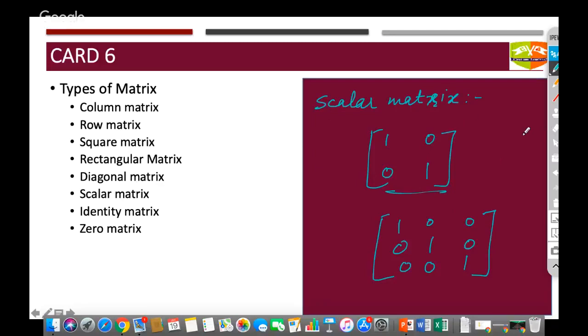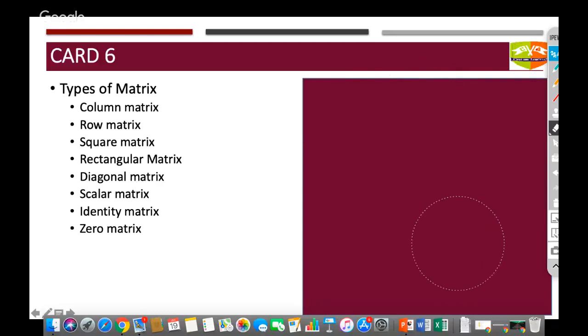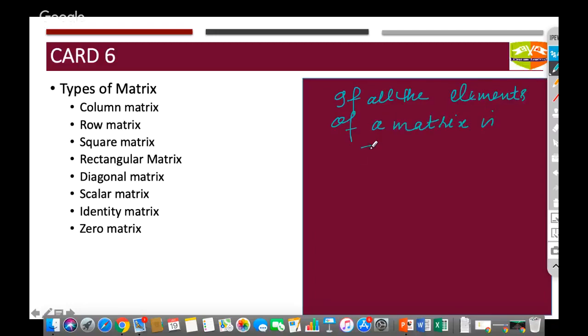Now let me go to zero matrix. Zero matrix means all the elements are 0. So if all the elements of a matrix are 0, then that matrix would be known as a zero matrix.